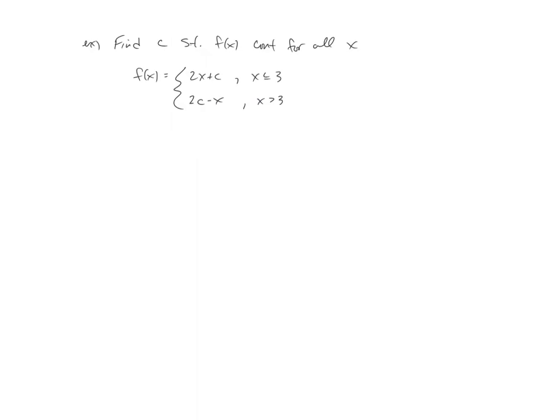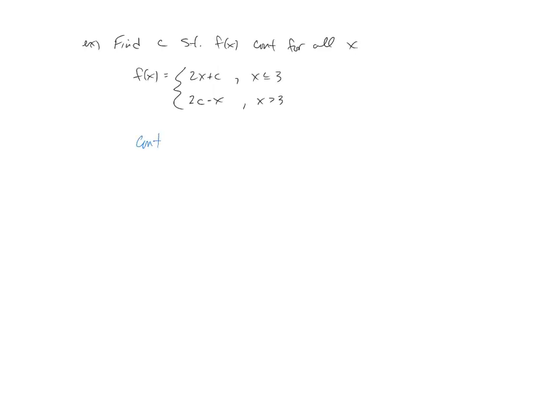All right, so the next example we look at has nothing to do with composition, so we're switching gears a little bit. This is kind of a nice summary of this idea of continuity. So we're given a piecewise function, and we're told to find the values of c so that the function will be made continuous for everything. And so to do this, we're just going to resort back to the basic definition.